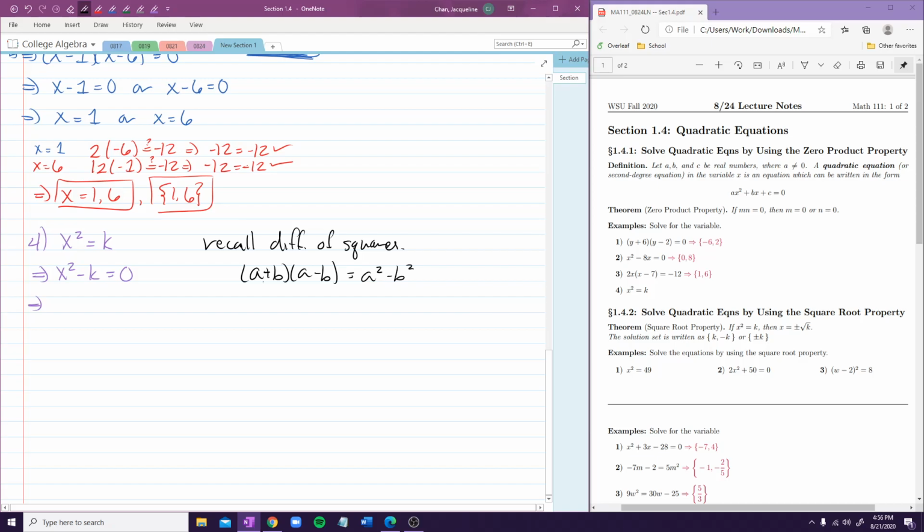Before you ask, how come this is not plus, multiply this out and you're going to get this exactly. The reason why it's not plus is because we're not dealing with complex numbers. This is the difference of squares for real numbers.